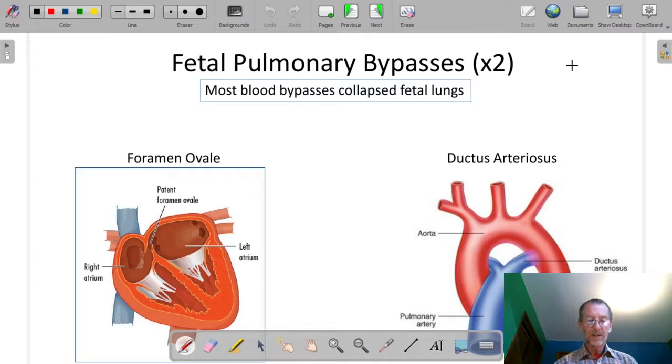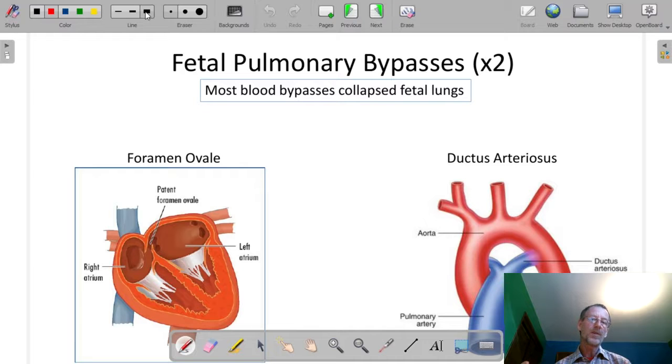So this slide shows two fetal pulmonary bypasses. So this is the fetus in the uterus during development. Its lungs are non-functional. The lungs are collapsed. So most of the blood bypasses the lungs. In the adult circulation, or postnatal circulation after birth, the lungs have to be functioning.